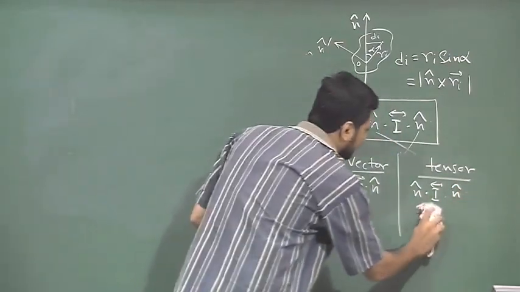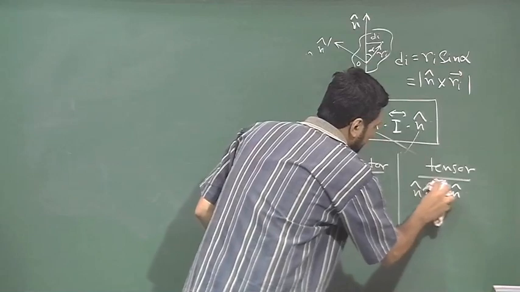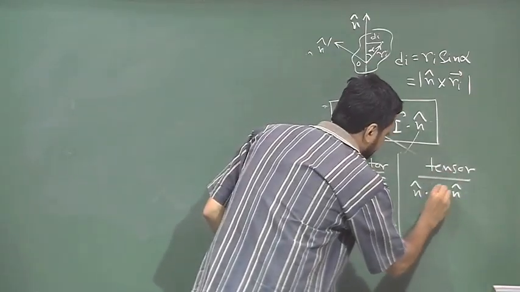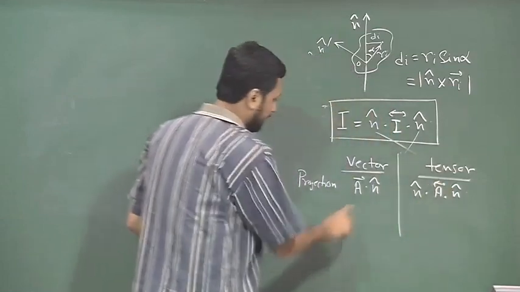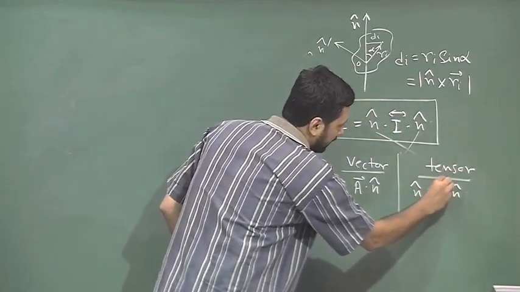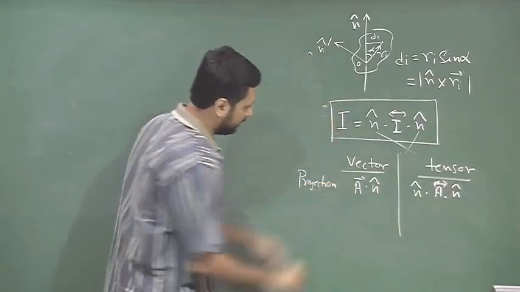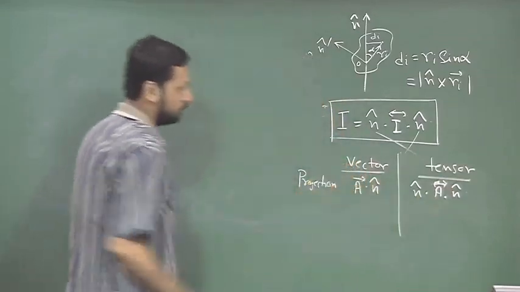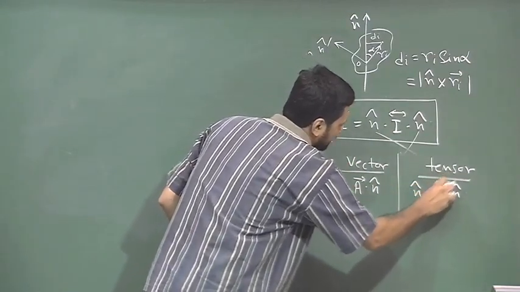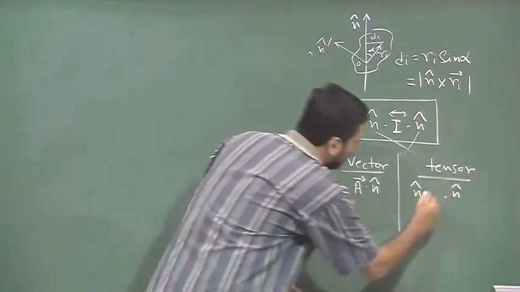I mean, it does not matter, we can just take some tensor A. So, here A is a vector, here A is a tensor. The vector symbol is an arrow in one direction. The tensor symbol is a closed arrow.